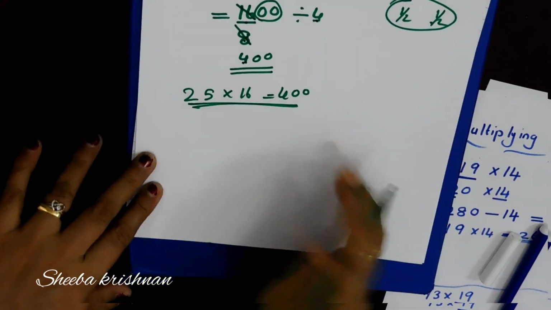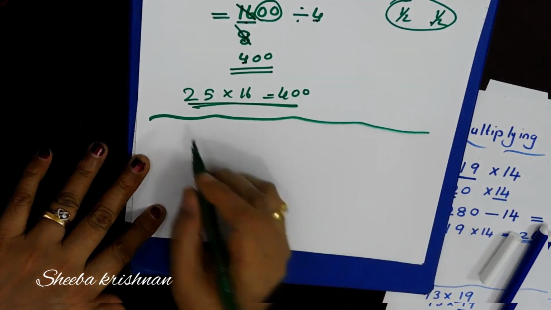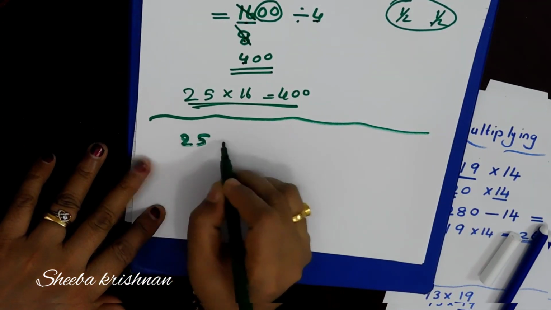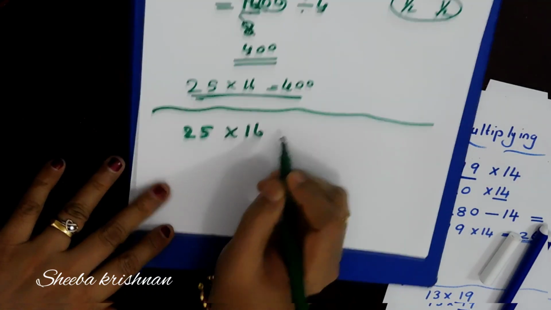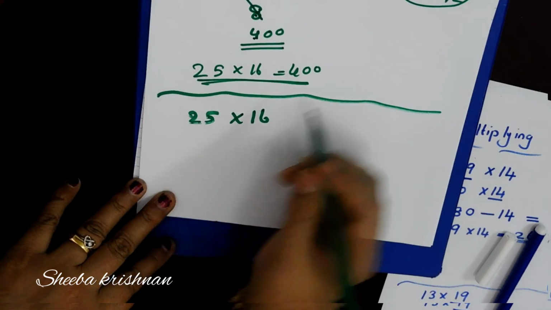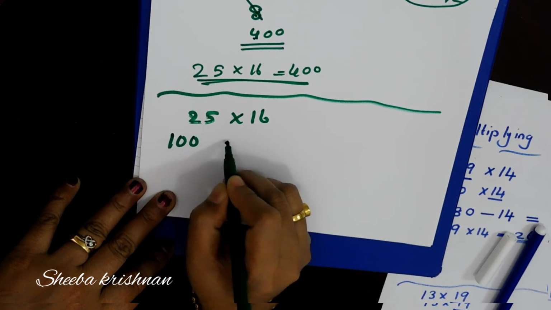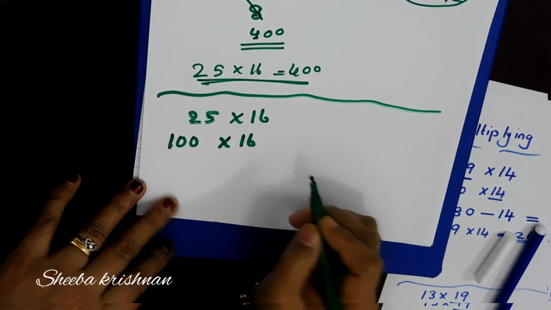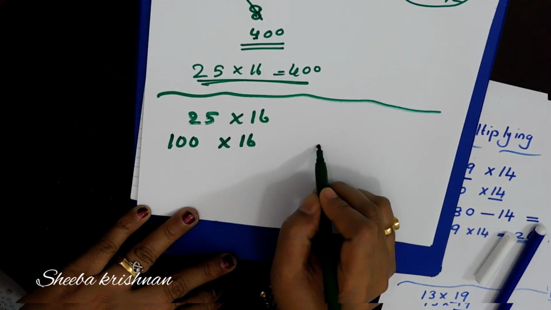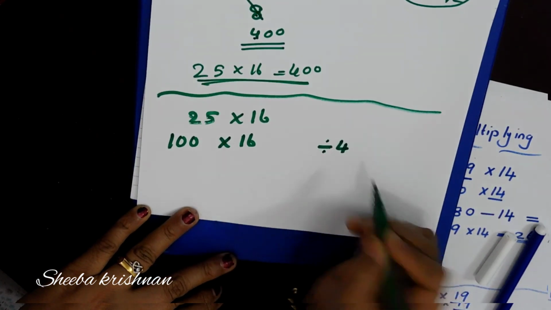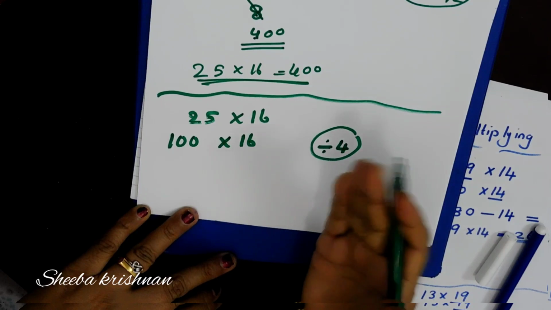This is one way. Or the same thing you can do like this. So 25 we have to multiply by 16. So instead of multiplying by 25, we will multiply it by 100. So 100 multiplied by 16. After that, I told you we have to divide it by 4. That means make its half, again half.